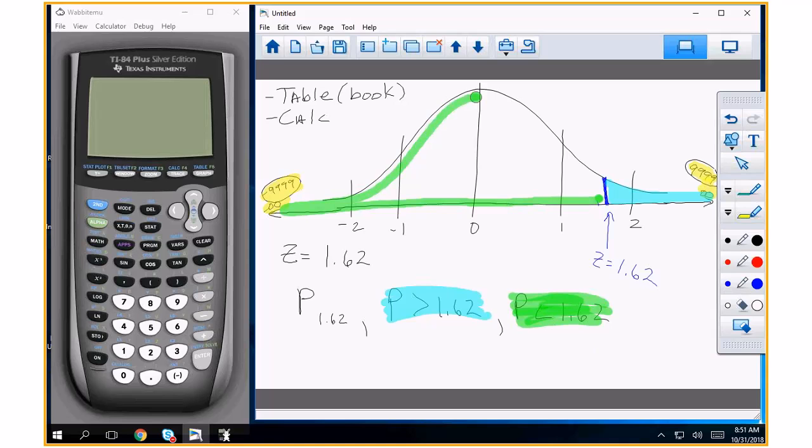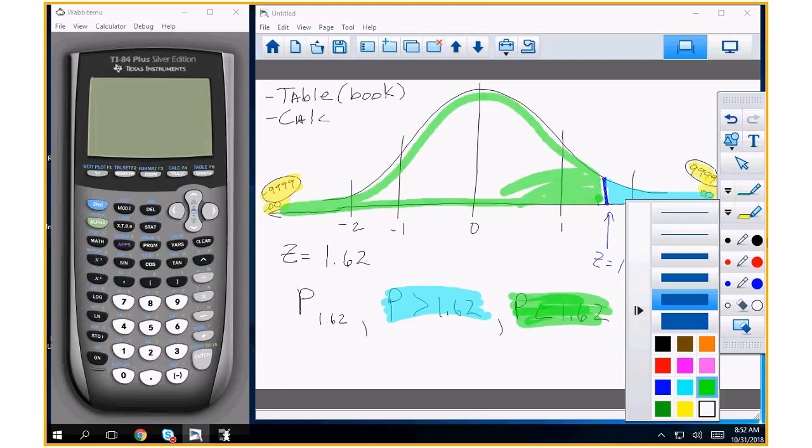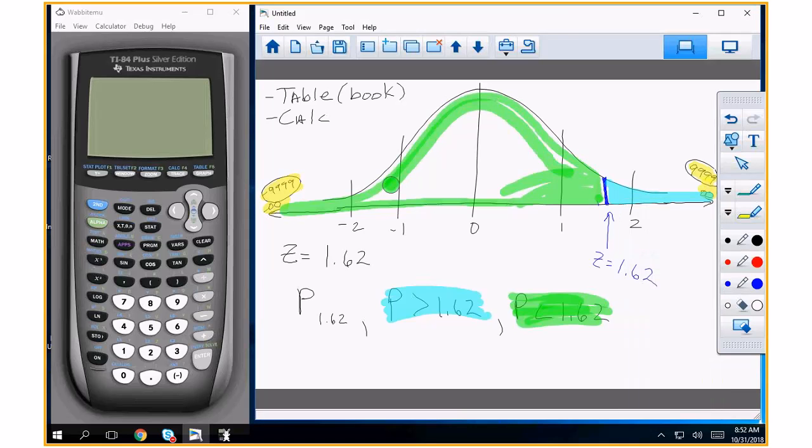If you have a book, look through the table, and when you look at the table, up at the top, it's going to say something to the effect, and if we don't have books, well then you don't need to worry about it. You just need to look at your calculator. Well, what if I don't have both? Well, then you need to beg, borrow, steal because you're going to need it.